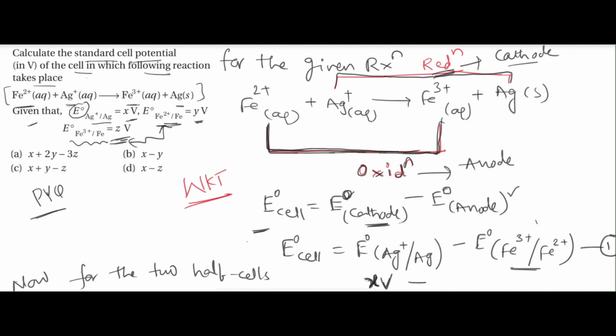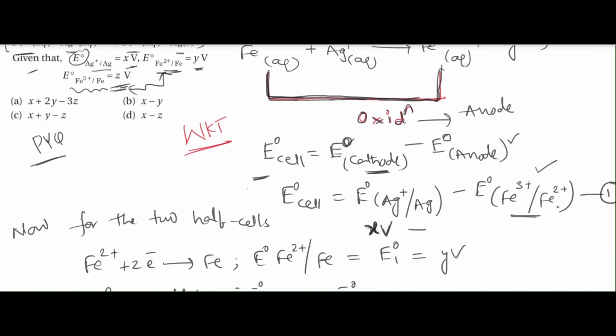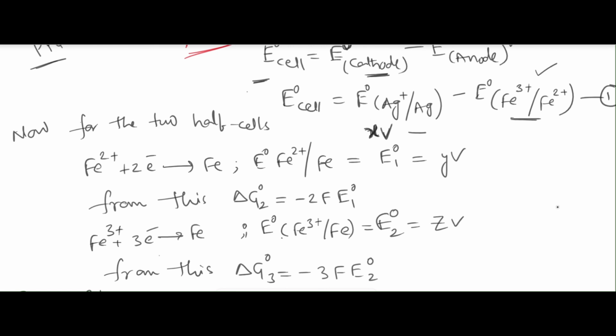In order to calculate this Fe3+ to Fe2+, we have to take those two half cells' data and calculate the E naught of that complete cell. According to the data, the potential they have given for Fe2+ to Fe is E1 naught, which I am assuming is Y volts.